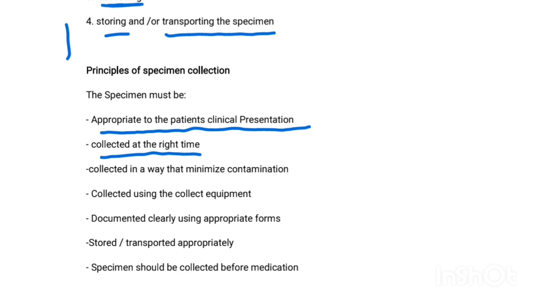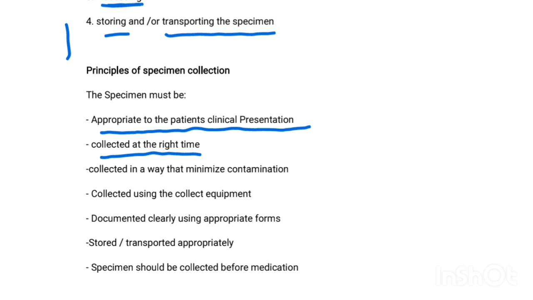It's early in the morning, just after waking up from the bed. That's when the person can collect the sputum. Then urine also needs the early urine. That's what it means. It has to be collected at the right time, not any time.